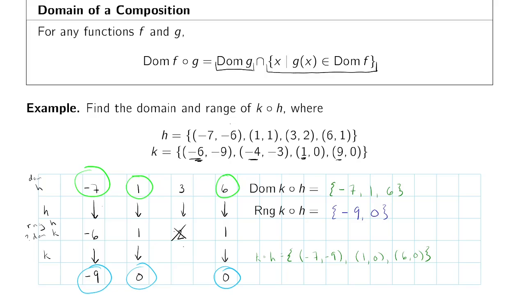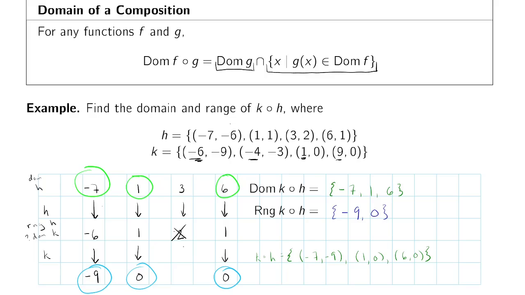The domain consists of all of the numbers that we were able to follow through. The range consists of all of the outputs that we got when we did that. And that's a straightforward way to figure out the domain and range of a composition when our functions are just given as ordered pairs like this.